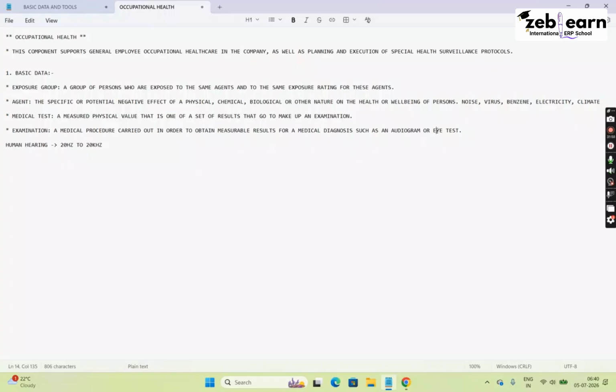Why are they calling other types of tests like blood pressure a medical test, but at the same place we are also doing measurement in the audiogram test and the eye test? Why don't they call that a medical test? Here they are specifically mentioning a particular kind of test. Eye test or audiogram test means they are specifically meant for a specific type of test only.